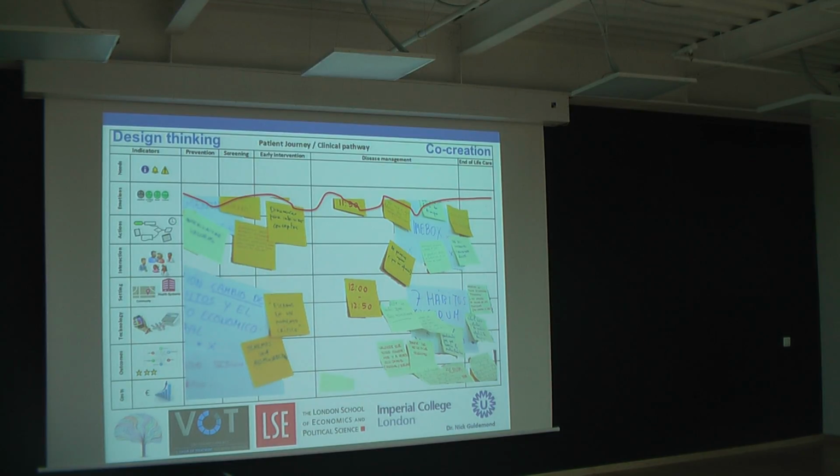This is for brain diseases, for different brain diseases. We try to rethink healthcare services and healthcare models. And we do it with different countries across Europe, also Eastern Europe.